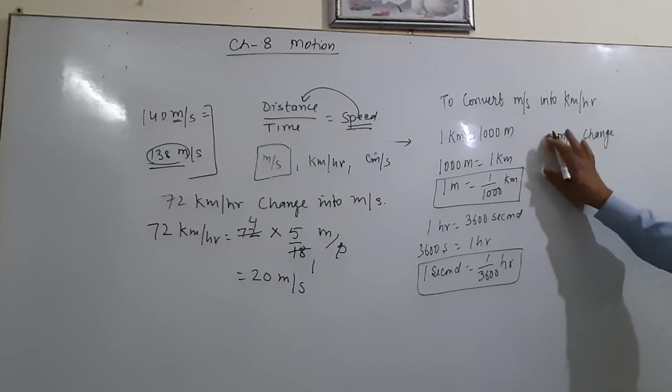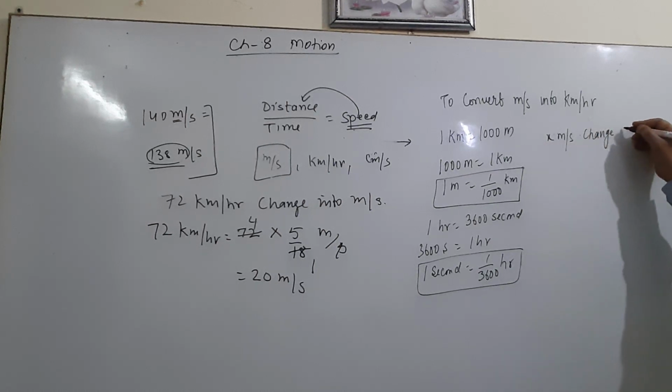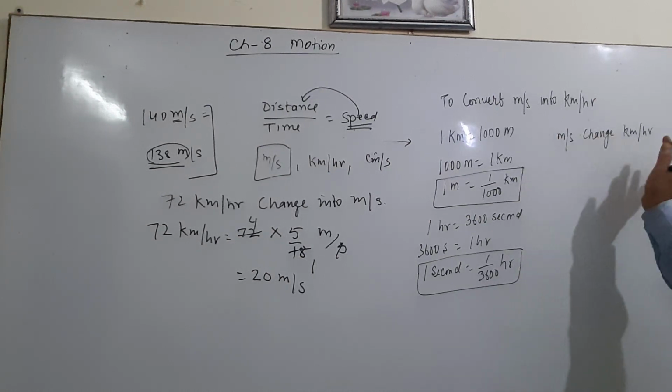change, or x meter per second change into kilometer per hour. What should I do? First, meter per second.